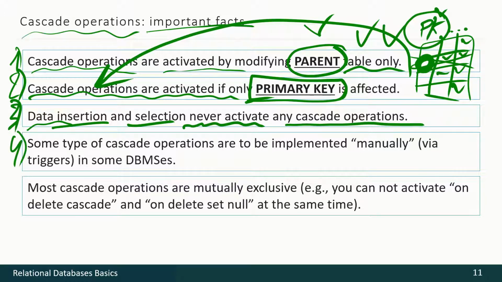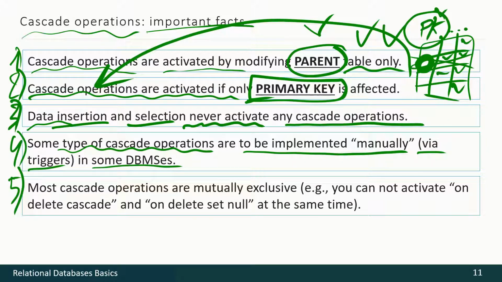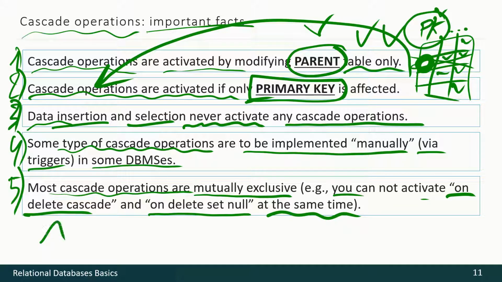And some types of cascade operations should be implemented manually via triggers or some other approaches in many DBMSs. And of course, in most cases, cascade operations are mutually exclusive, so for instance, you cannot activate on delete cascade and on delete set null at the same time. You should choose either that or something like that.